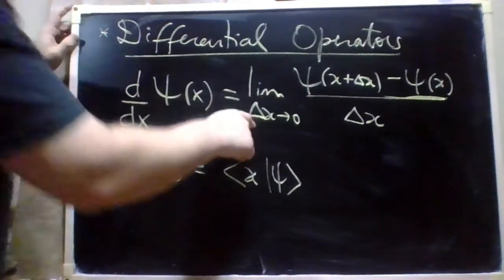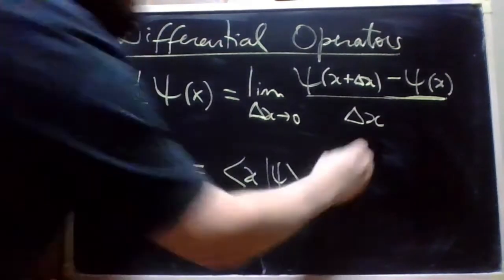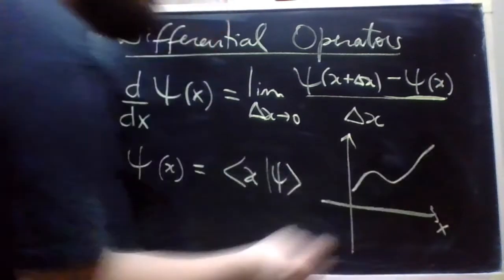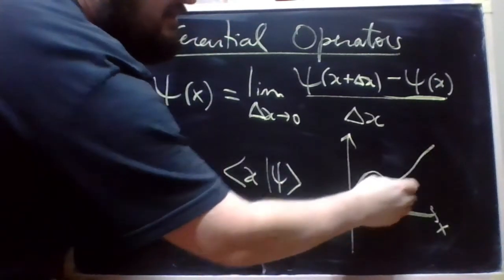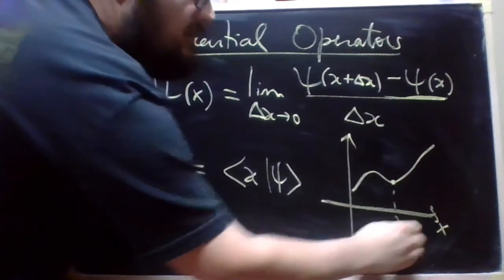In the limit, when delta x goes to 0, you have the derivative. So it's for a given function. You have a function here. If you want to calculate the derivative, say here, and this is the position.